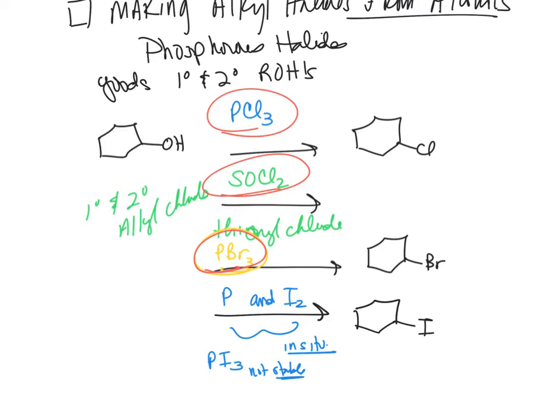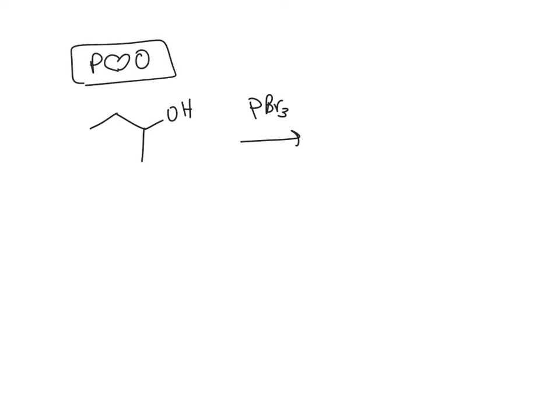Okay, let's go through a mechanism. So if we have an alcohol, and we treat this with PBr3. So I'll do one. Phosphorus loves oxygen, okay? And so does aluminum. But phosphorus has an extended octet, and so it really likes 5 bonds, okay?